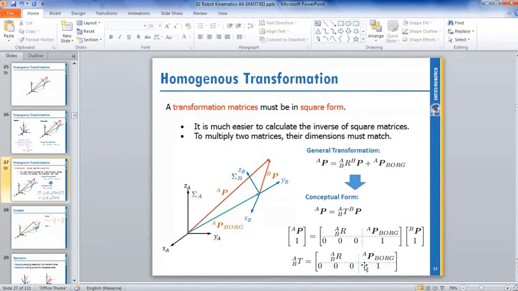We put 0 0 0 1. So in AB, B at the bottom is the new location, position and orientation, and the top is the starting position. So this is A and this is B. So B from A.